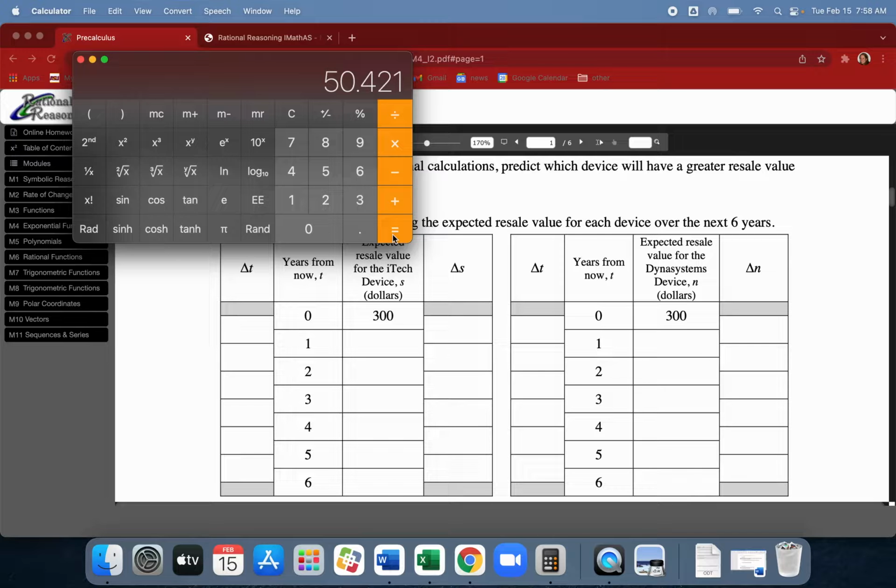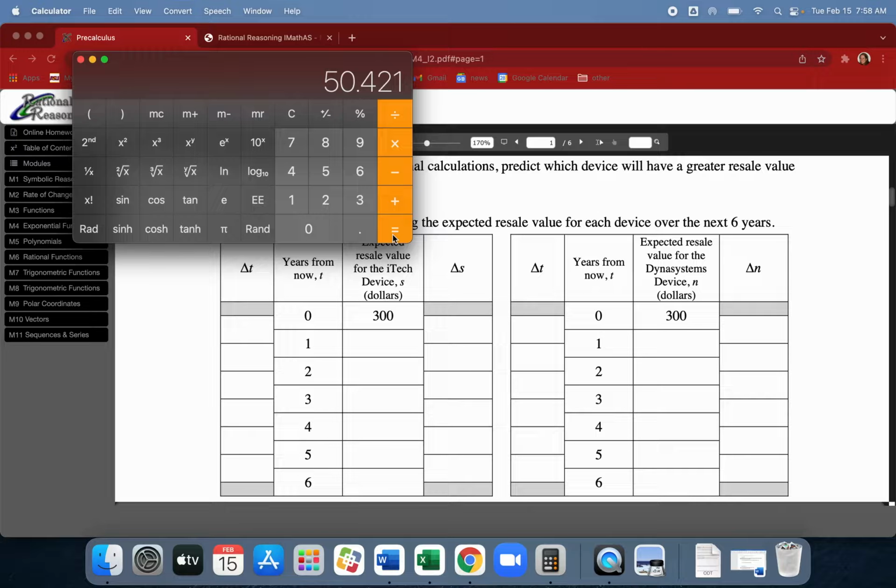So if I'm looking at these numbers, this delta x, or delta s rather, I suppose I should say here, since that's the value. The change in time is always 1 year. The amount of change in the value of this device number one, the iTech device, that change is getting smaller and smaller as an amount of dollars.